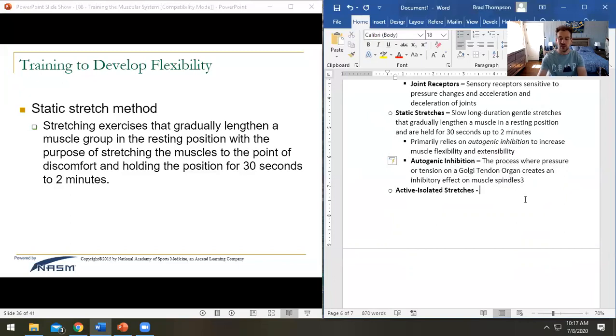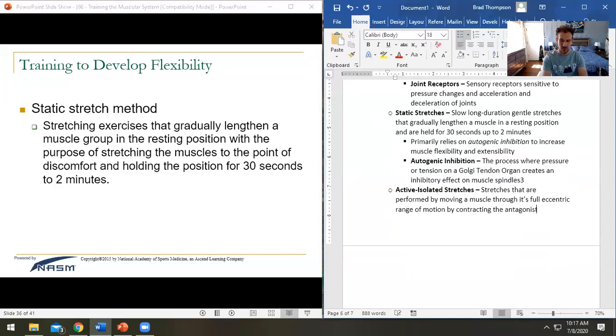And active isolated stretches are going to be stretches that are performed by moving a muscle through its full eccentric range of motion by contracting the antagonist to that muscle, right? So you're going to contract an antagonist, and that's going to drive that muscle through its range of motion, okay?